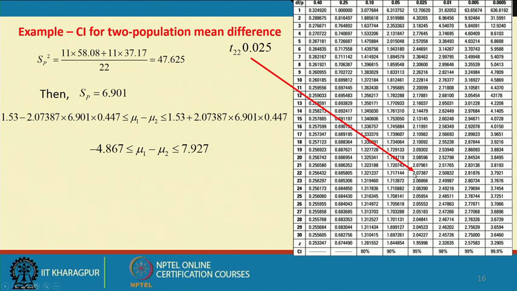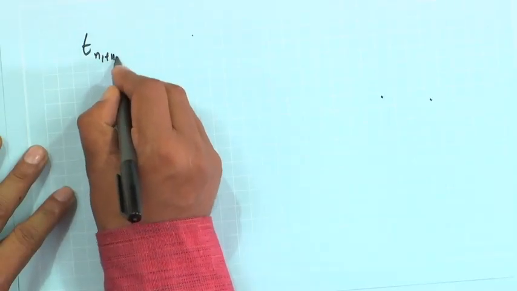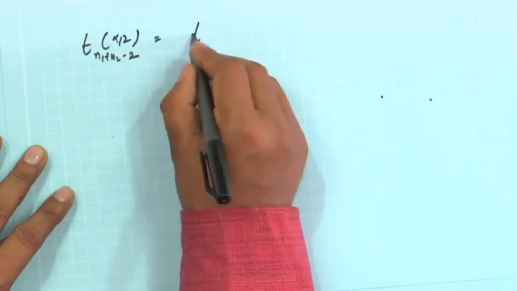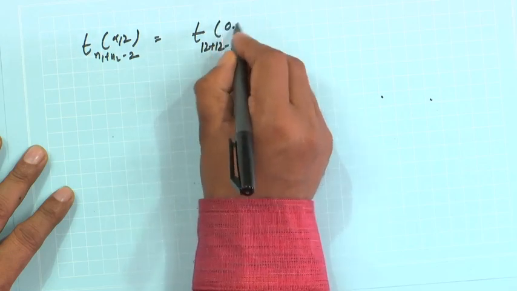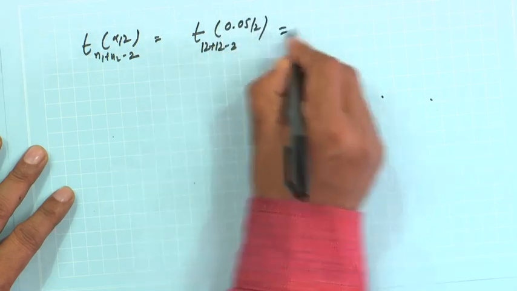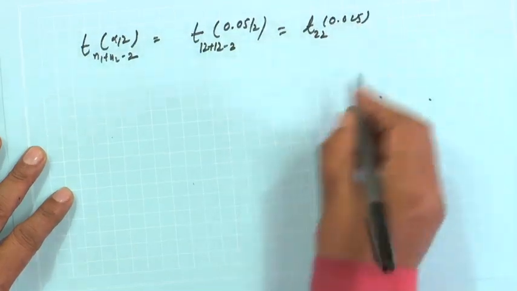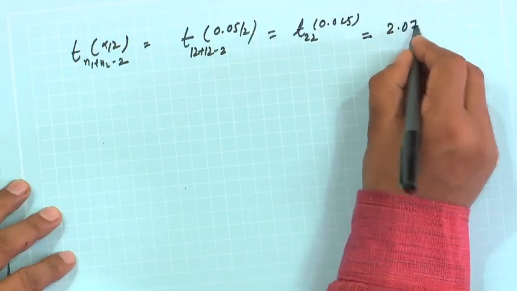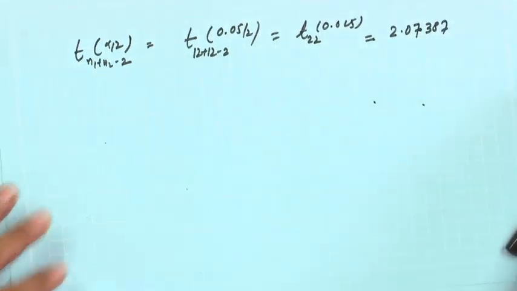What I mean to say is that t with n1 plus n2 minus 2, alpha by 2, equals t with 12 plus 12 minus 2, 0.05 by 2, this is t22, 0.025, and from the table you get this value, 2.07387.